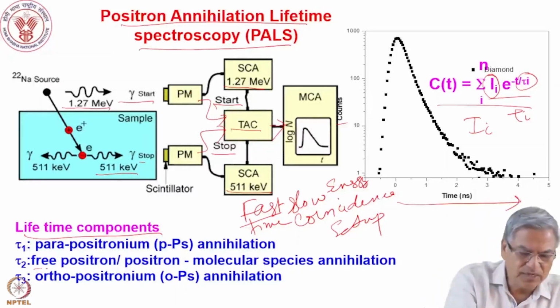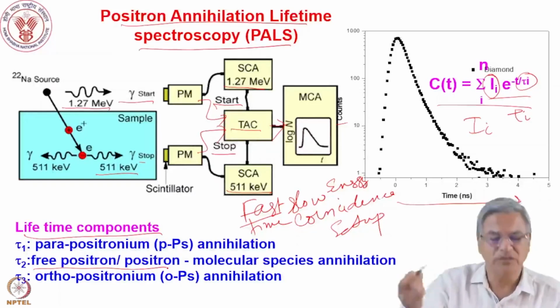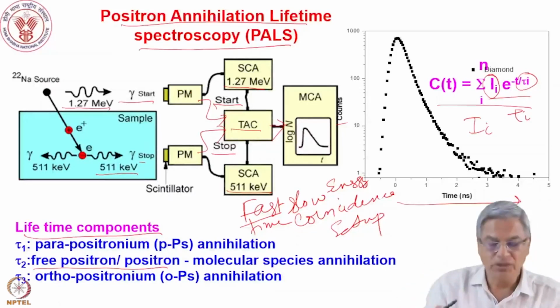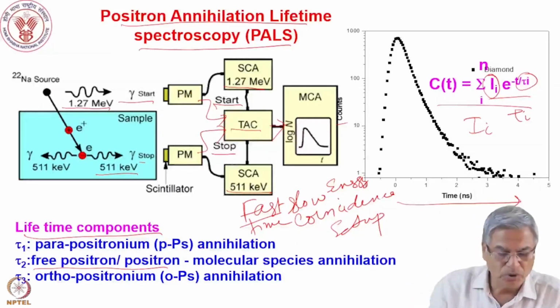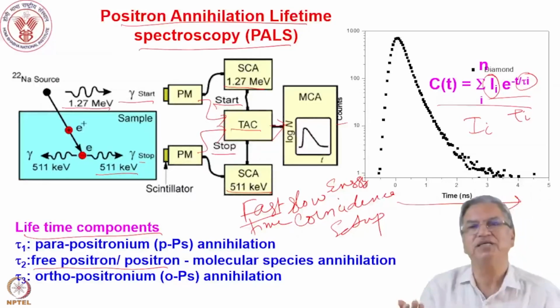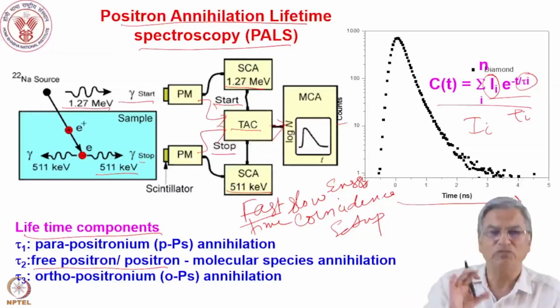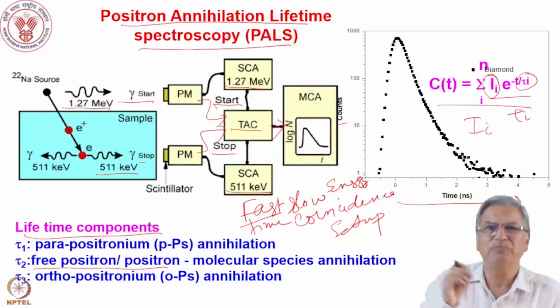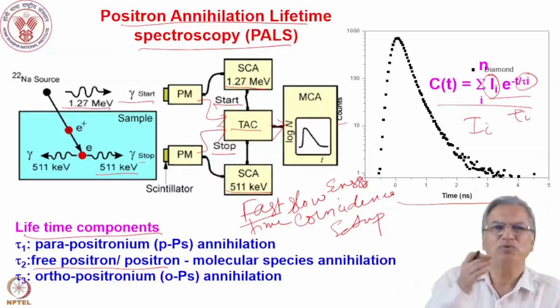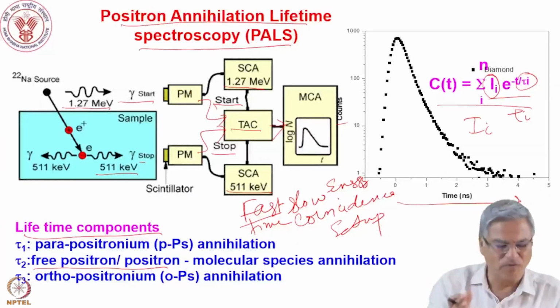The second one is tau 2. After tau 1, you have tau 2, and it tells you about free positron or positron-molecular species annihilation. The positronium can interact with a molecular species and undergo changes. When your positron is binding with a molecular species, the lifetime will increase, and that tells you about the chemical species that is formed.